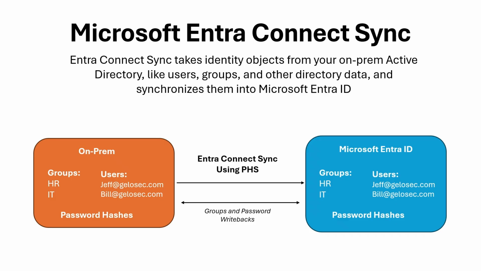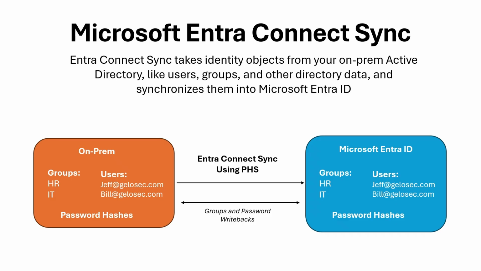For groups, on-premises groups can synchronize to Entra ID by default, and with group writeback enabled, supported groups created in Entra ID can also be written back to on-premise Active Directory. So it's bi-directional. This is critical for security, and it's why password hash sync is considered safe for most organizations.